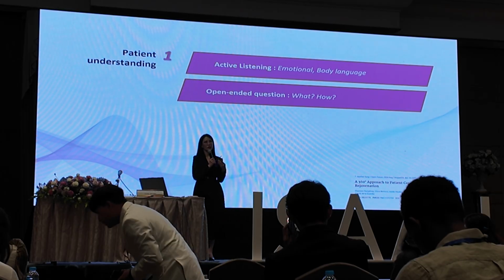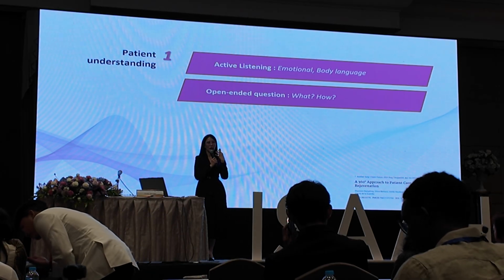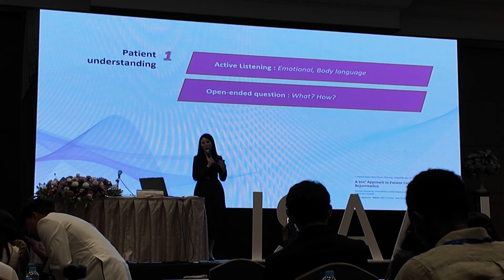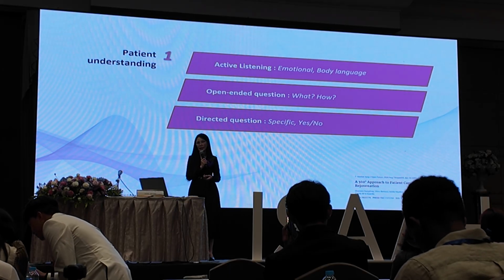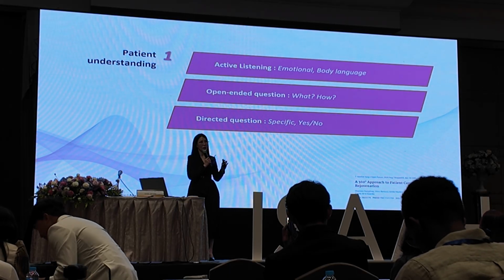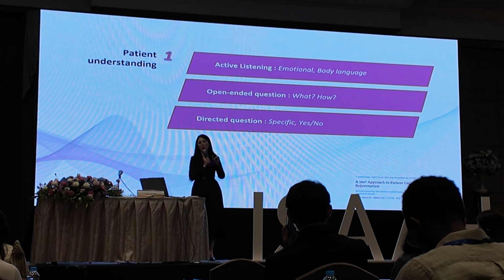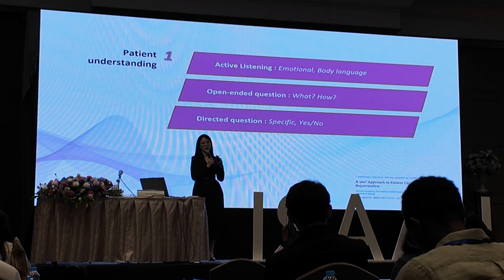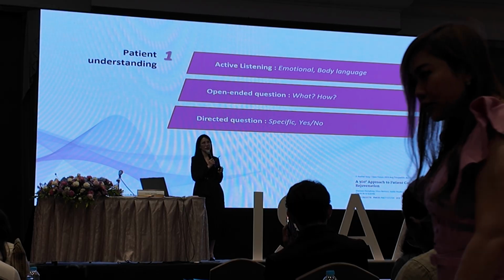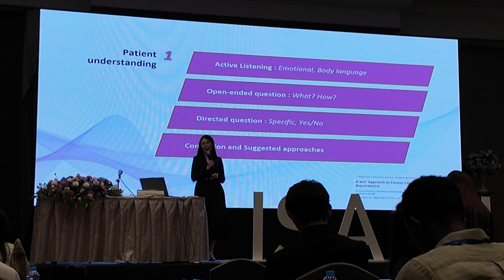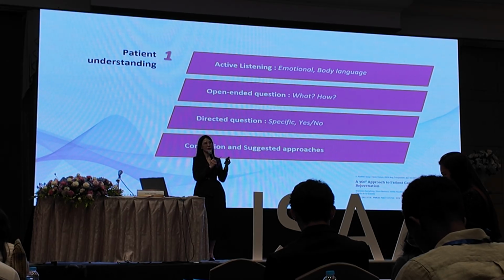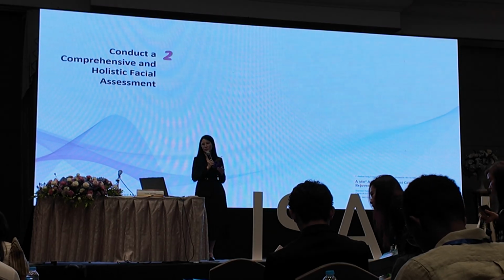How do you think we can improve your condition, or what do you think, something like that. After you use the open-ended questions, you have lots and lots of information. Now you can use direct questions to conclude, to be more specific with yes or no. And then you conclude and suggest to the patient.